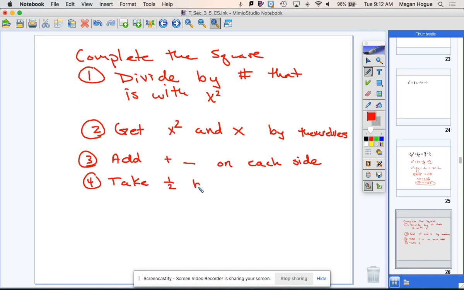Take 1/2 of the bx term, square it. Hang with me, you're going to be happy because I'm going to shorten your homework. Square it. Put in both blanks. I think that's enough to kind of get you going.